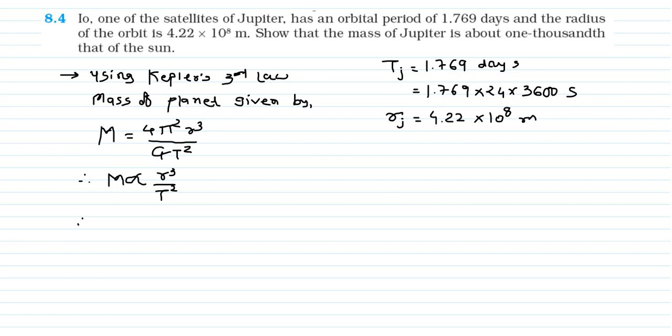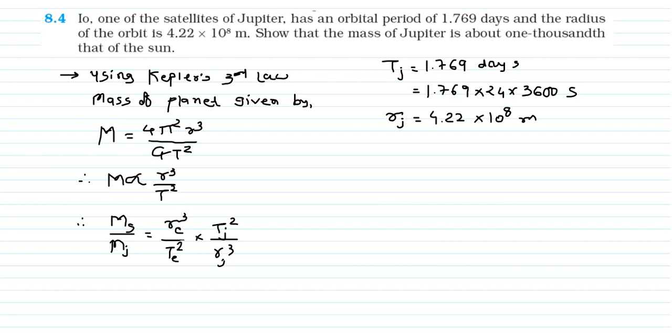Therefore, Ms upon Mj is equal to Re cube upon Te square, into Tj square upon Rj cube. Sorry, it is a square for the time.